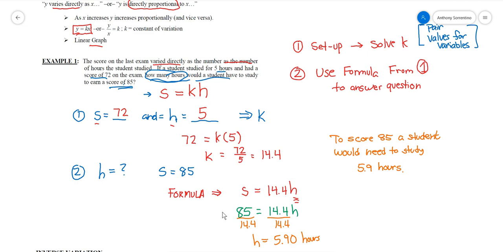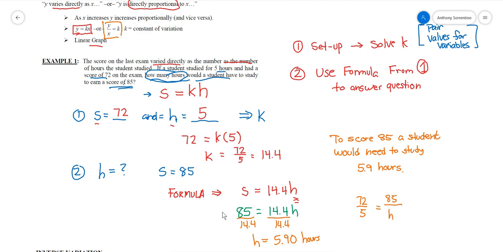A more direct way is I'd have to use this idea up here and then set up two proportions, because it doesn't matter how I set them up. If they're varying directly, I could say that 72 per 5 hours would equal an 85 per how many hours, and go through the same process.